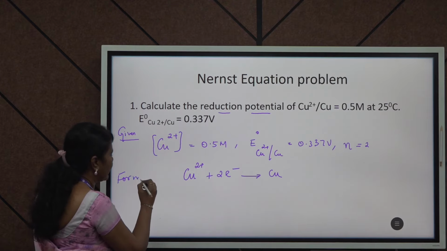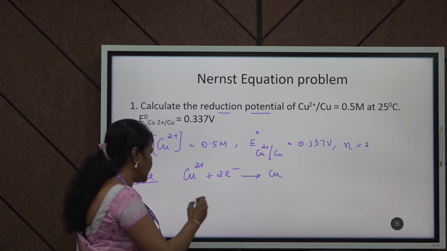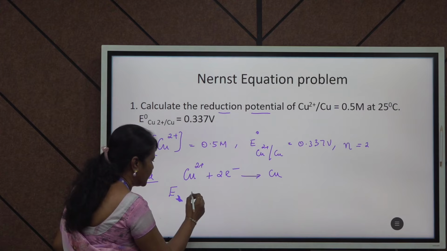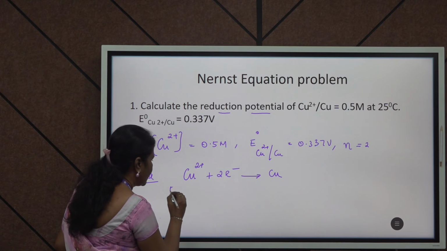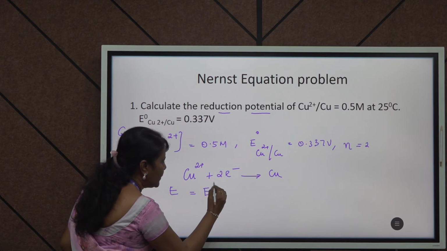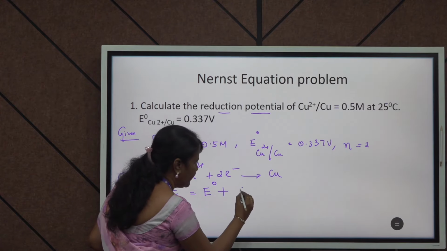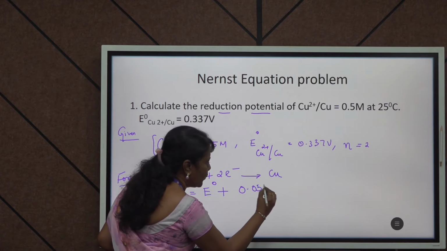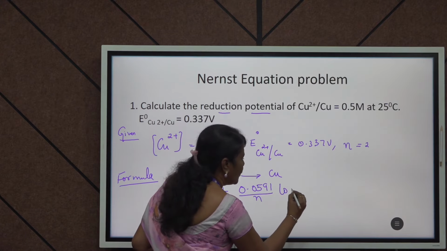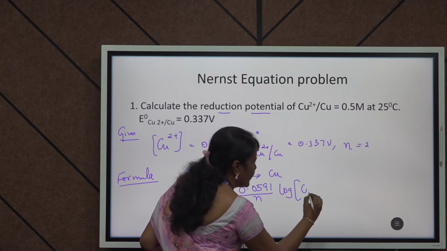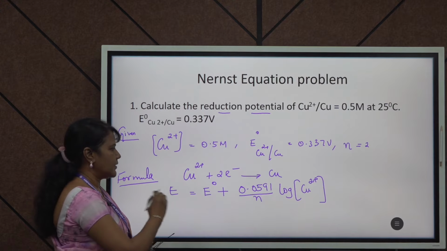Before that, we have to write down the formula. Based on the Nernst equation, we know E is equal to E0. Since it is reduction potential, it carries a positive sign, plus 0.0591 divided by n, log concentration of Cu2+. Okay, so this is the formula.